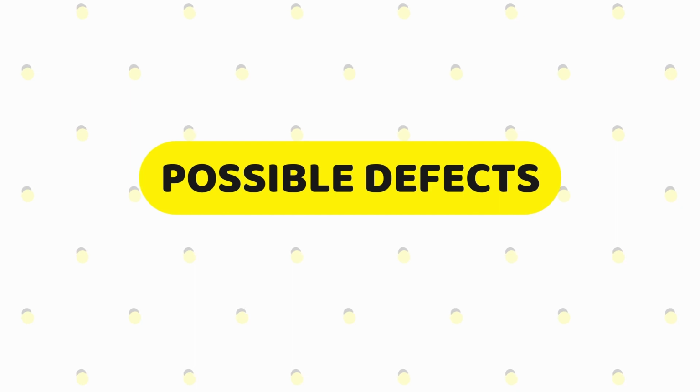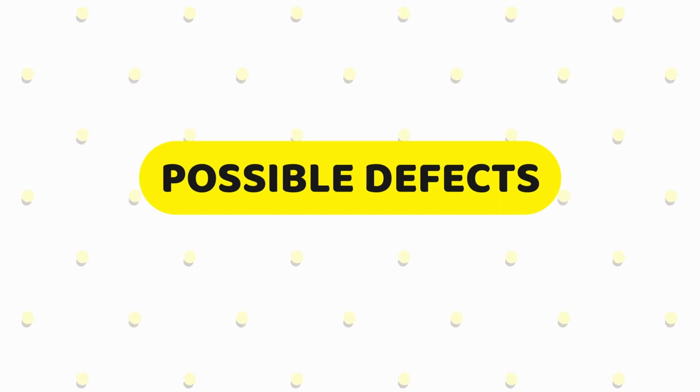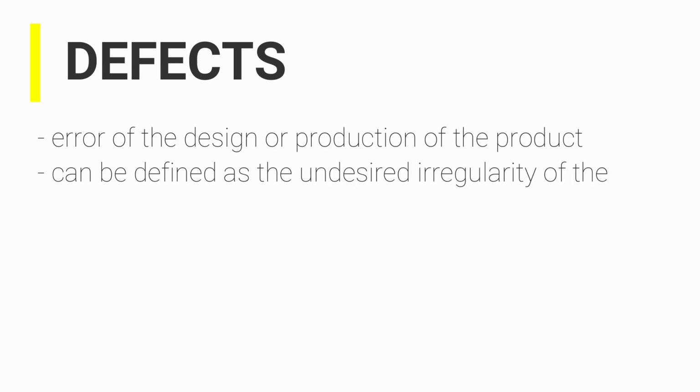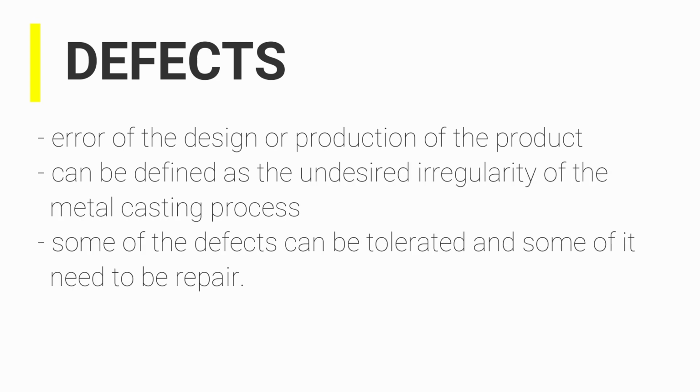These are the possible defects that could happen when doing this stamping process. What is a defect? A defect means an error in the design or production of the product. This can be defined as an undesired irregularity of the metal process.